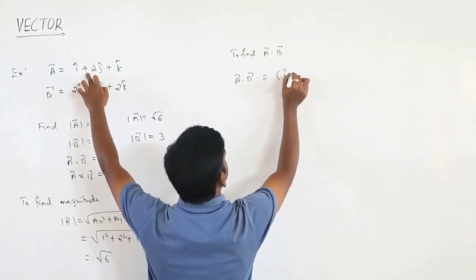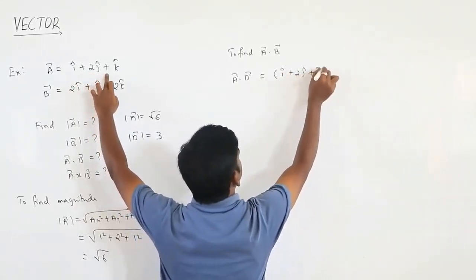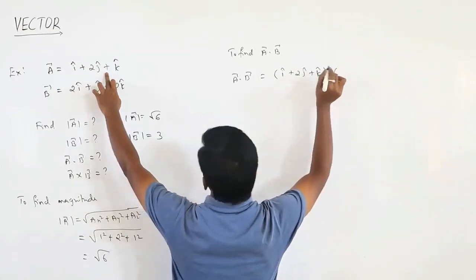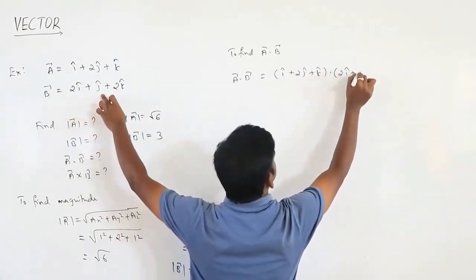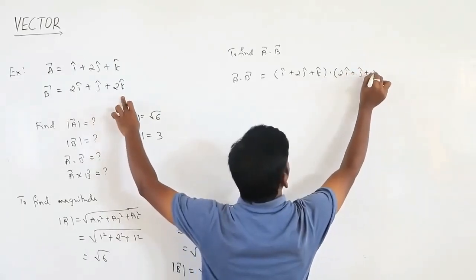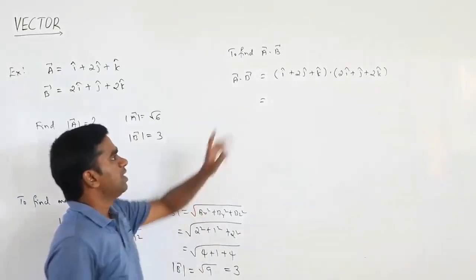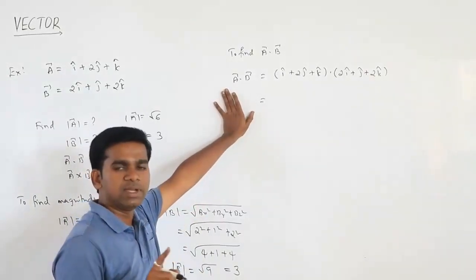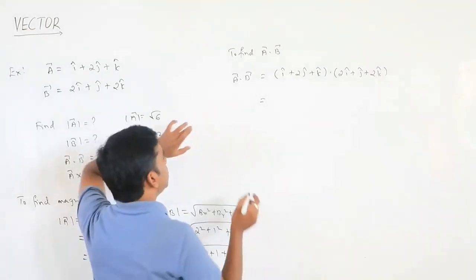I cap plus 2j cap plus k cap dot 2 I cap plus j cap plus 2 k cap. How can we take the dot product? I dot I is 1, but I dot j is 0.